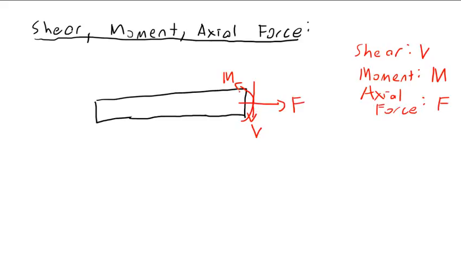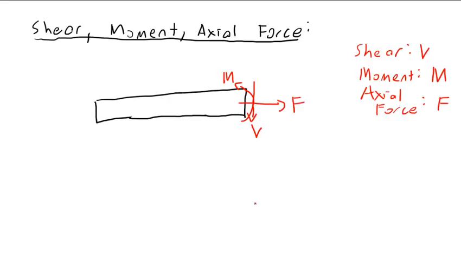In frames, you can have shear, moment, and axial force. Shear is a force that wants to cause a member to shear apart, like imagine this thing breaking into two pieces, with this piece going this way and this piece going that way. Axial force wants to pull a member apart along its length, or compress it or cause it to collapse. Moment wants to cause a member to bend, like a smiley face or a frown shape. So these are the internal forces in a member.